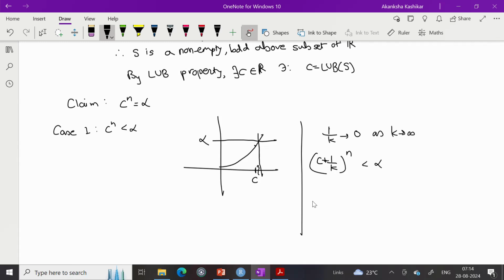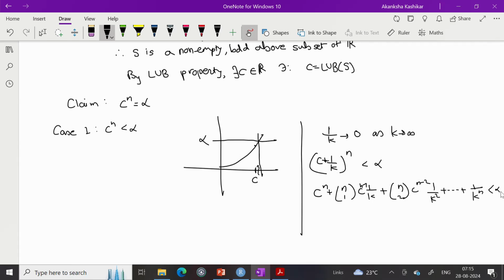C plus 1 by k raised to n, by binomial expansion, I can write this as c raised to n plus n choose 1 c raised to n minus 1 by k plus n choose 2 c raised to n minus 2 1 by k square plus up to 1 by k raised to n.